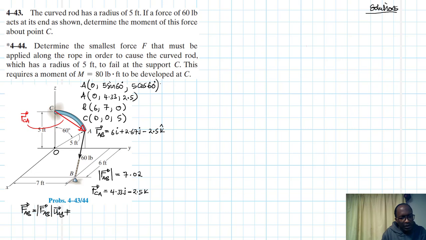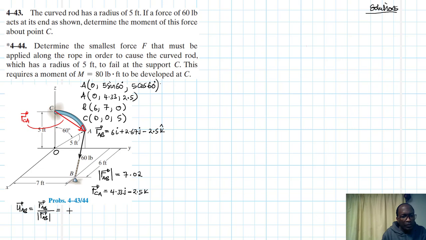Then this is going to be equal to 60 times a unit vector. We've not even written down the unit vector. Let's write it down. So unit vector AB is equal to RAB divided by the magnitude.